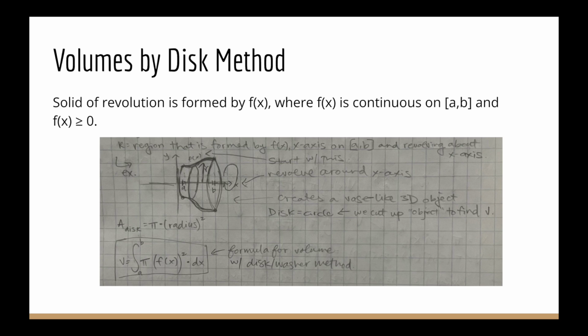Below, I inserted a screenshot, a photo from my notes that I took in class, where the volume formula using the disk method would be the integral from a to b of pi times f of x squared dx. So that would be how to find the volume by using the disk method.